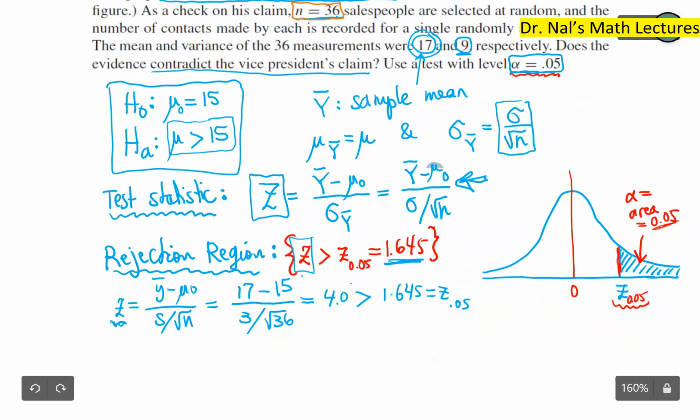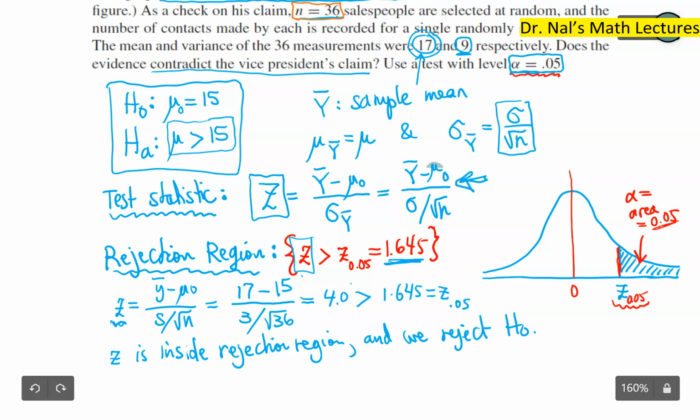Let me write that down. So z is inside the rejection region, and so we reject the null hypothesis. We reject H0, rejecting H0 in favor of the alternative hypothesis, obviously.